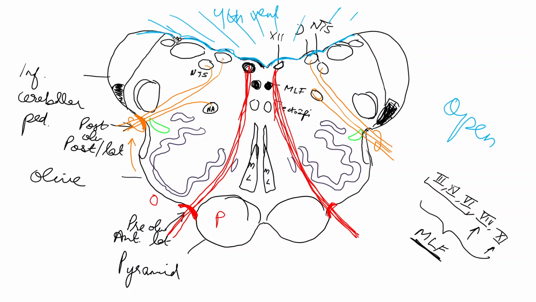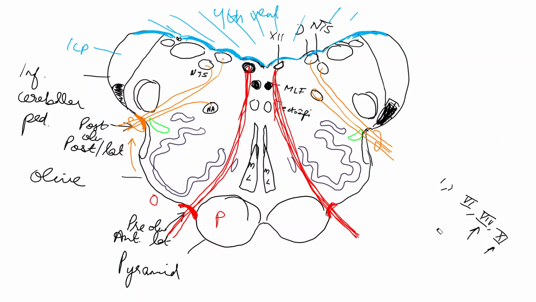So here the lateral boundary of the floor of the fourth ventricle is formed by the inferior cerebellar peduncle. The central part of the floor is formed by vestibular nuclei, the nuclei of vagus and the nucleus of the hypoglossal nerve. Okay, in this same diagram we can discuss, let me just clean some space around it.